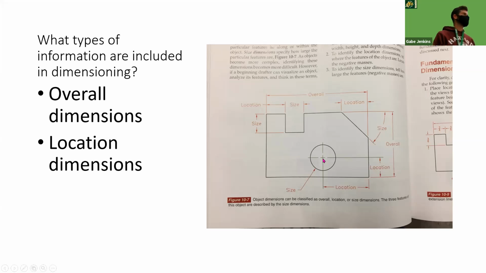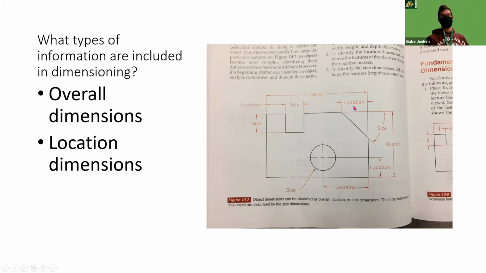If you were trying to actually make this shape in real life and had to drill a hole in the center, you would need to know exactly where the center of that circle is. The annotations will tell you the location of every object in the thing. They might also tell you how far this edge right here is from the edge of the shape.